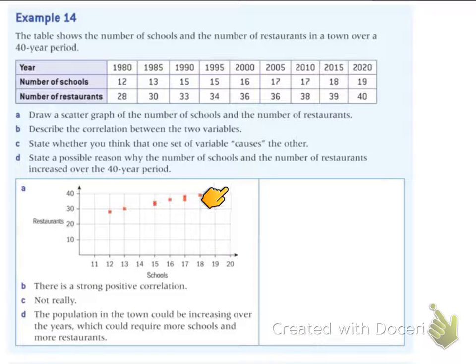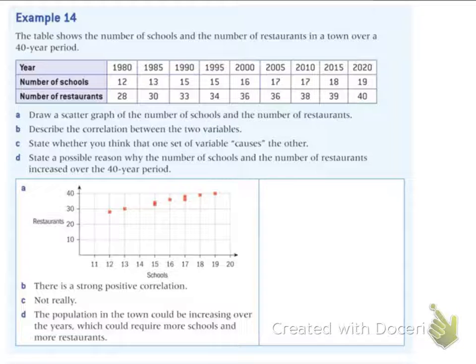But just because they build another school doesn't mean you're going to get another 10 restaurants or something like that. So I think that cause issue is really kind of a funny one, because one does not necessarily guarantee the other one to have to happen. So there could be a correlation, strong correlation, but it doesn't mean it has to happen.